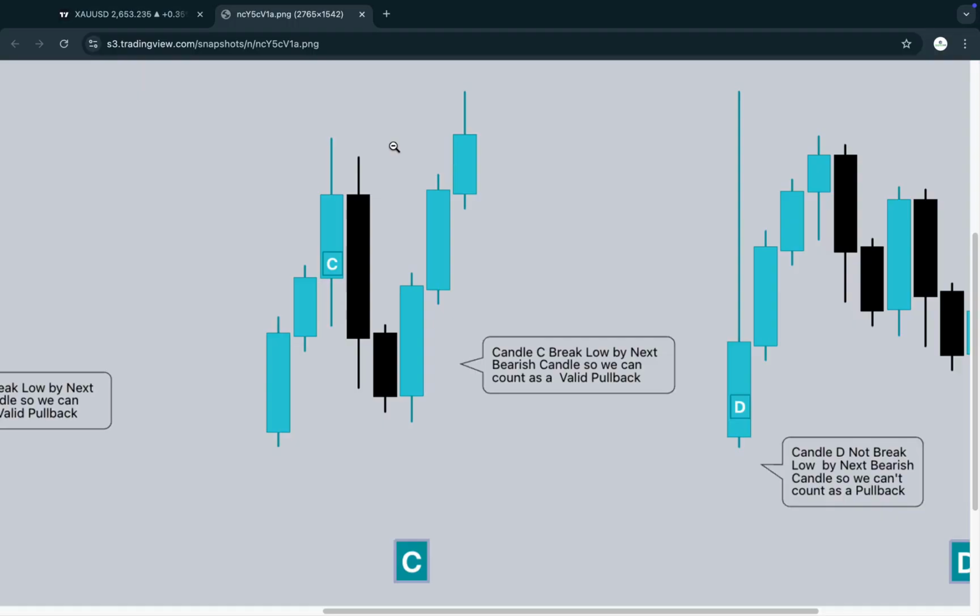It doesn't mean only one candle should break; we can have 3 or 4 candles break. At least one candle must break the previous candle high or low to confirm any valid pullback. Here 2 candles break the previous candle low, so this point becomes our valid pullback. Now let's switch to the next diagram.